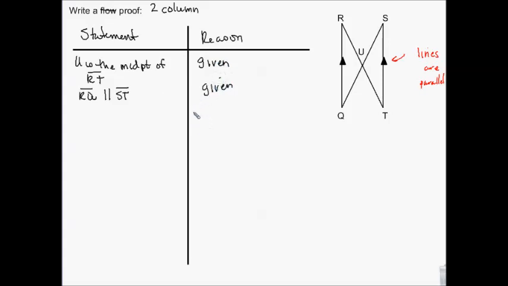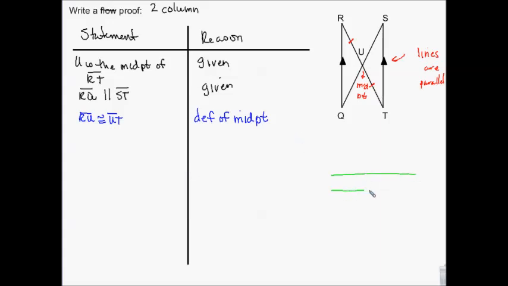Now, U is the midpoint of RT. That's the midpoint right here. That means this side is the same length as that side. So RU is congruent to UT because that's the definition of midpoint. Now I have parallel lines with transversals.